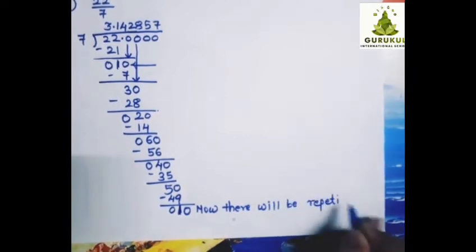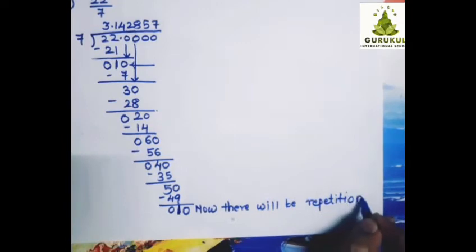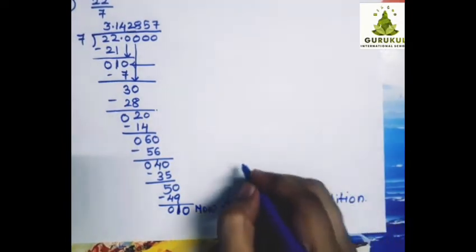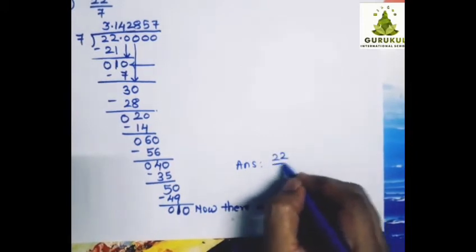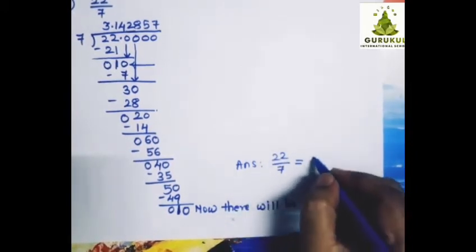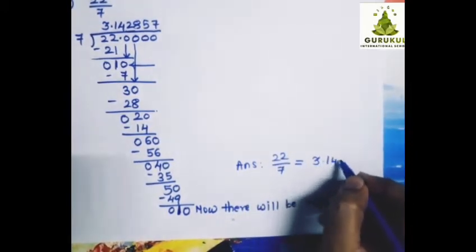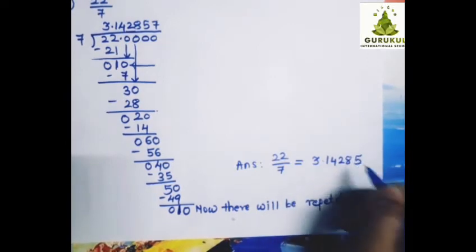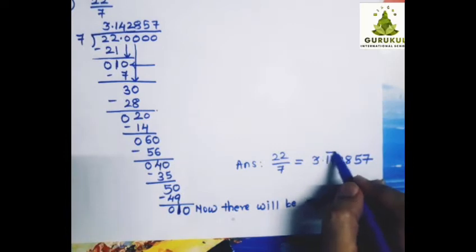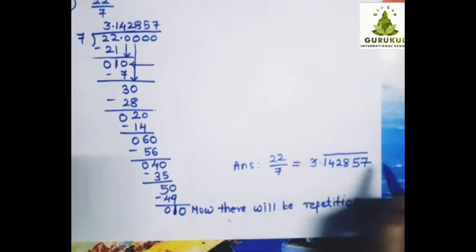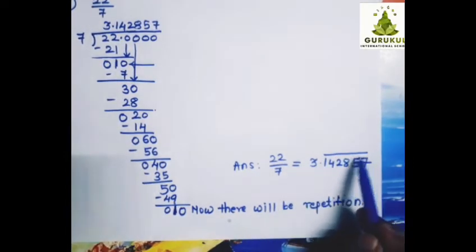Okay. So while writing the answer, how do we have to write then? The answer we have to write like this: 22 upon 7 is equal to 3.142857, and on the top you have to put one line. Why? What is the meaning of this line?